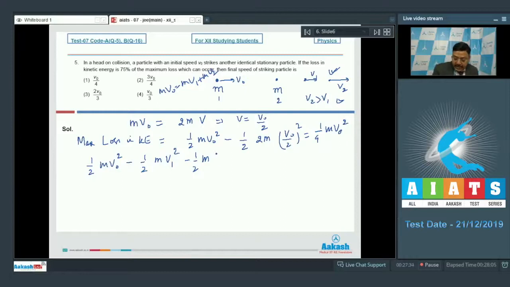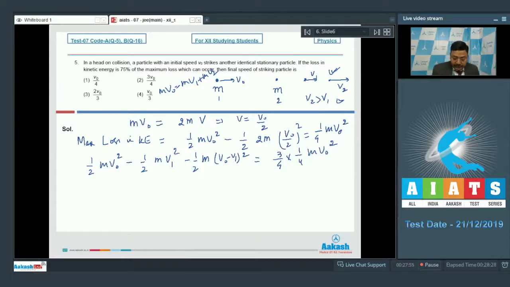So that means we can write here (v0 minus v1) square. So this is the loss in kinetic energy, and this is 3 by 4 times the maximum possible loss, which is 3 by 4 times 1 by 4 mv0 square.